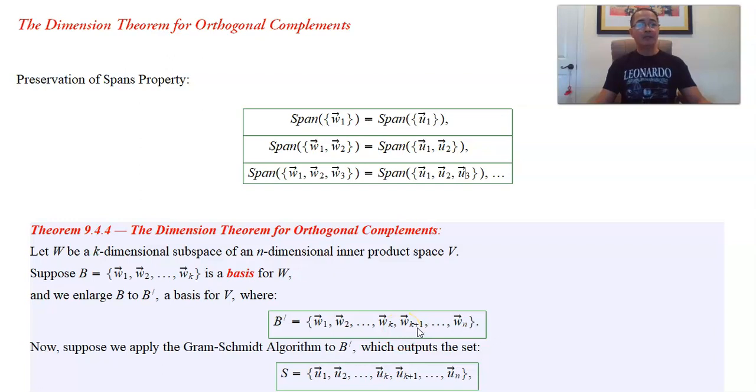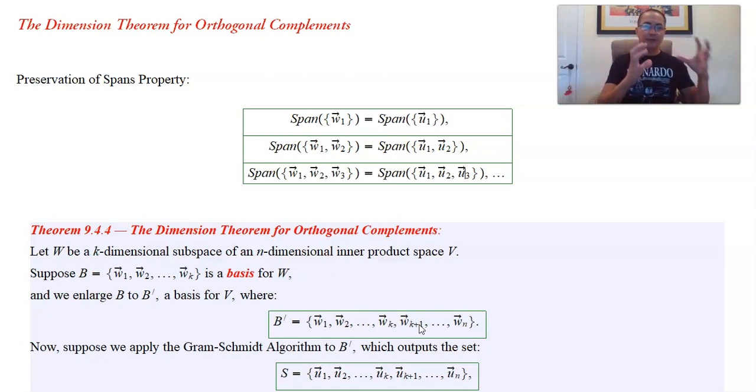So pick any wk plus 1 not in the span of w1 through wk, and then pick wk plus 2 not in the span of w1 through wk plus 1, and so on. So let's just say you have a 5-dimensional inner product space.